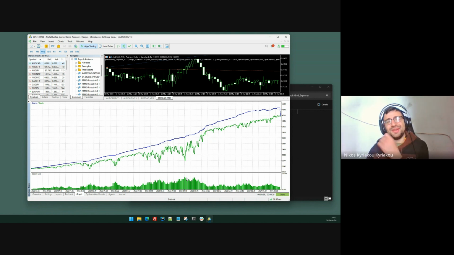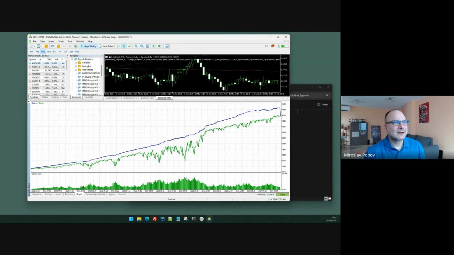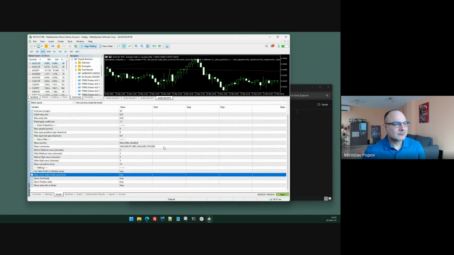With this option, it makes a lot of difference, and it's a great option to have, because most of the systems will do the same thing, like buy and sell at the same time, and then add at the same level. So that's why I make this option on by default. What we have more is the show grid levels.